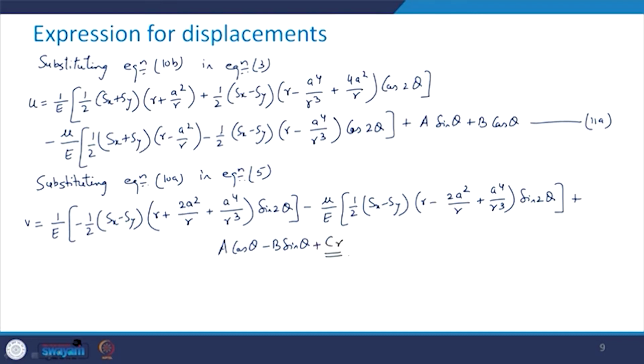Now this is coming because g2r is only a function of r, and therefore the term k is not written here.